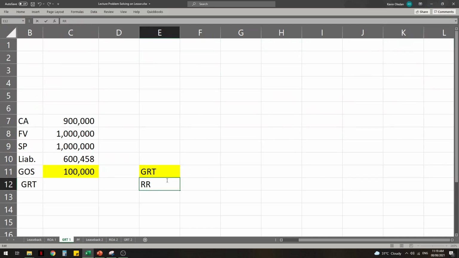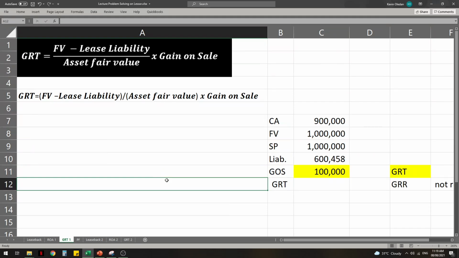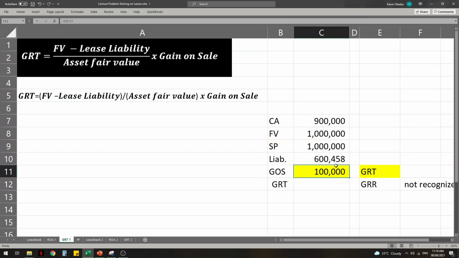Any gains from rights retained is not recognized. I'll have it clear with you right now na ang 100,000 po na gain on sale natin, i-divide natin yan into two components. And the only component that will be recorded is the gain on rights transferred.